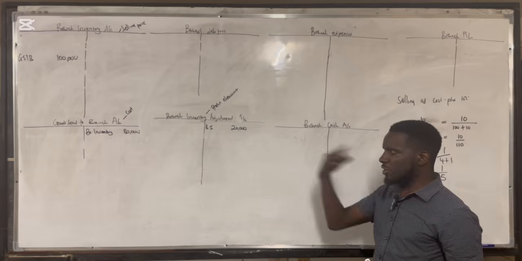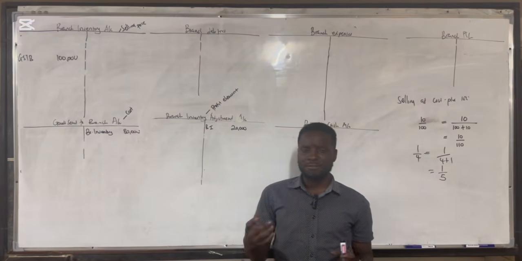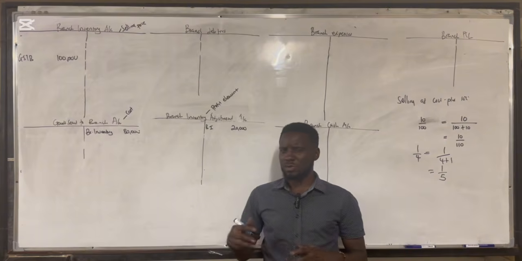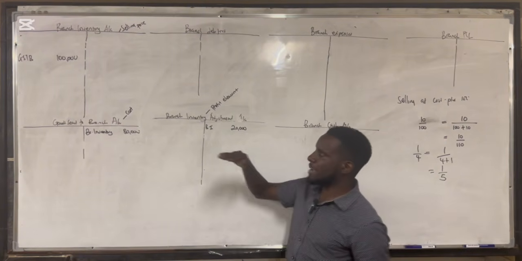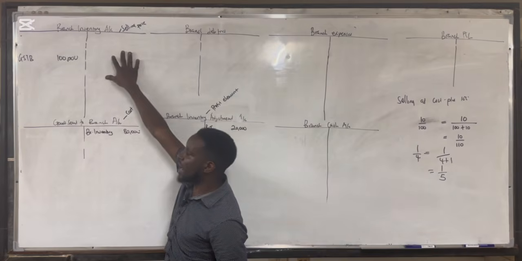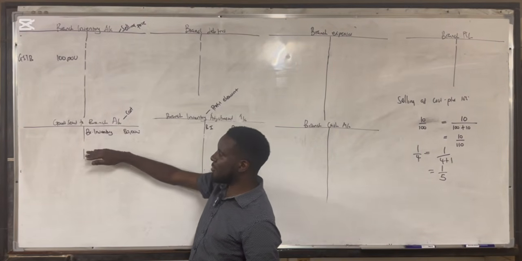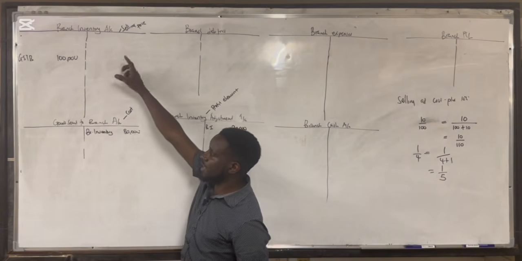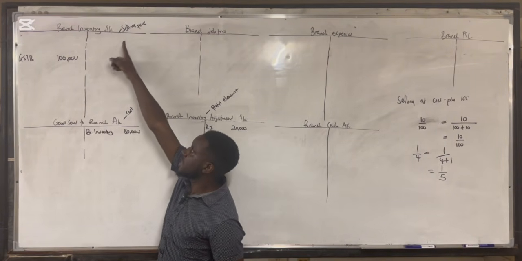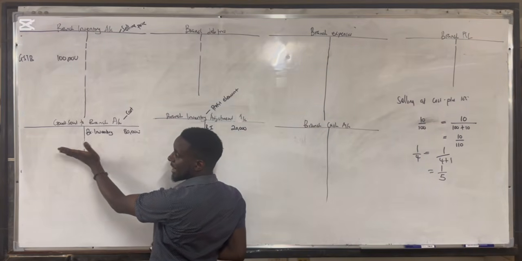Now, the question could be, how do I know that this is a transaction where I should take off the profit element? One, that transaction has to be a movement between the branch and the head office. The branch inventory account is recording the selling price, while the goods sent to branch account is where we find the head office.